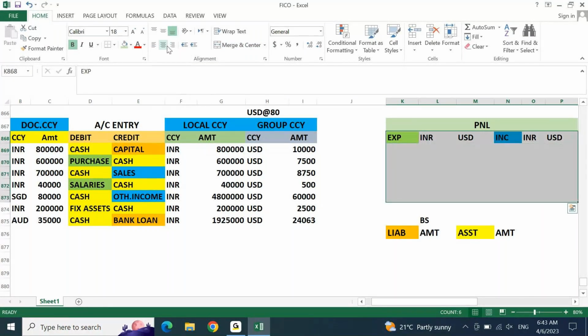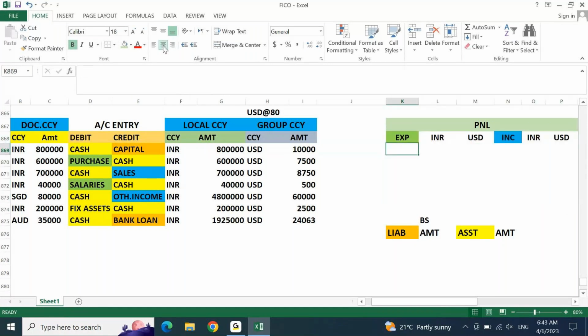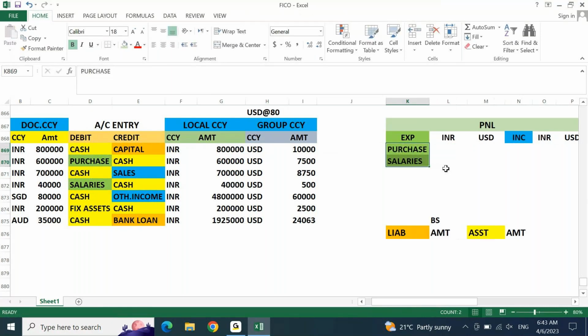IFRS and ICA. Now I'll take these expenses. I'll take purchases. I'll take salaries. I'll put these two here. Next, purchase and salaries. I'll take value from here. This is my INR and this is also INR.